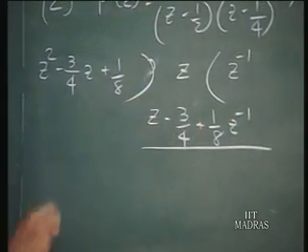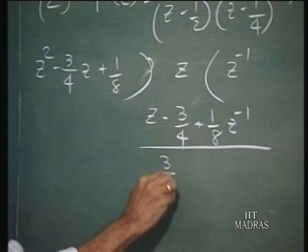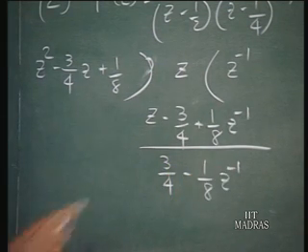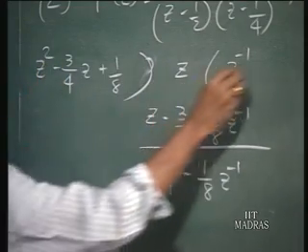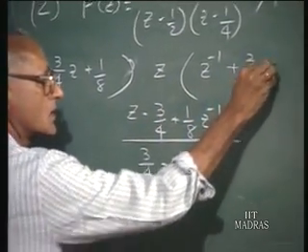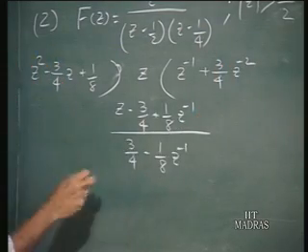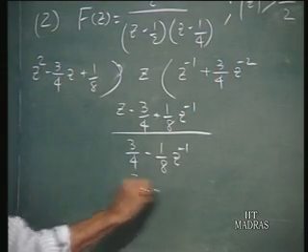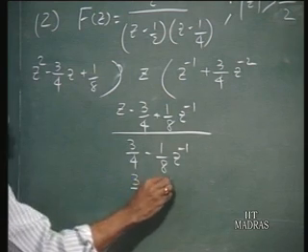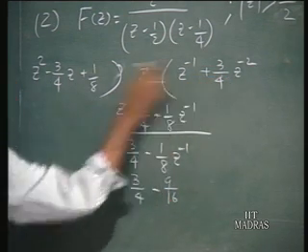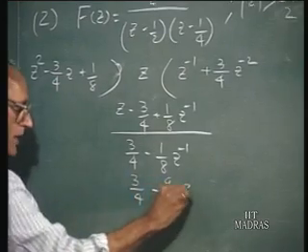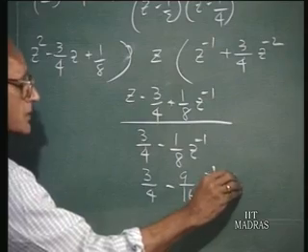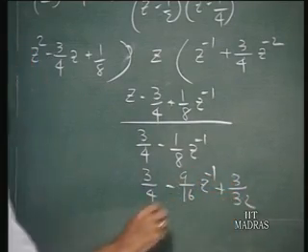So when you subtract from this, you get 3/4 minus 1/8 z^-1. And then you divide this into this, so you get 3/4 z^-2, so that all the time the first coefficient is knocked out. So 3/4 minus 9/16 z^-2 times z, therefore z^-1, and then you have plus 3/32 z^-2.